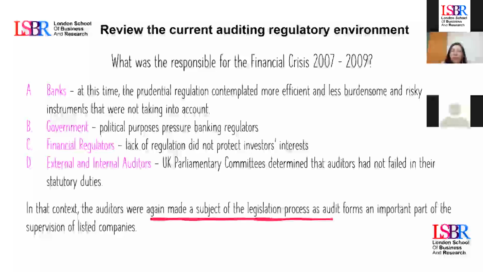Others say that maybe it was the government, because the governments, as I told you, wanted to boost the economy, and they didn't measure the impact. So if you review the literature related to the financial crisis, many authors will say that government was the most important party in this financial crisis.